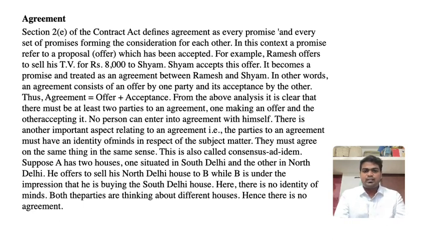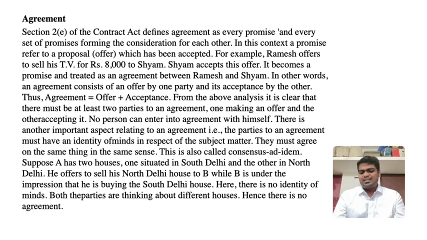He took the offer from A to mean that A is going to sell his house in South Delhi. But actually, A offered only to sell his house situated in North Delhi. So B got it in the wrong sense. He thought he was going to get the house in South Delhi.